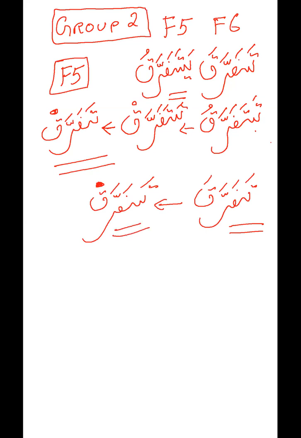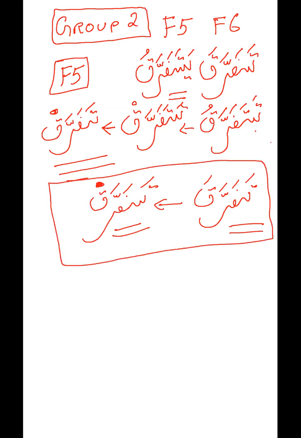So this is a shortcut for family 5: if you see ta'allama, you just do ta'allam. You can follow the process, nothing wrong with that. It's easier, with fewer chances of making mistakes, but this is also a shortcut that Ustad did. So we end up with tafarraq.